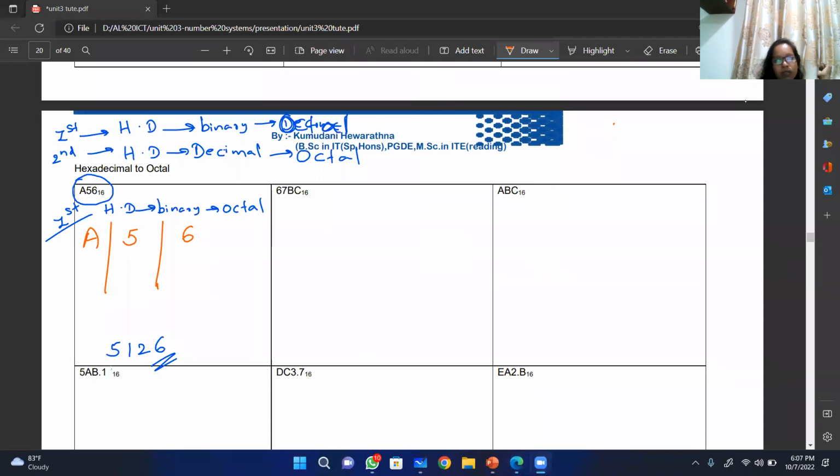Tilini, what is the value of 6 in binary? 1100. It should be 0110. Is that so?